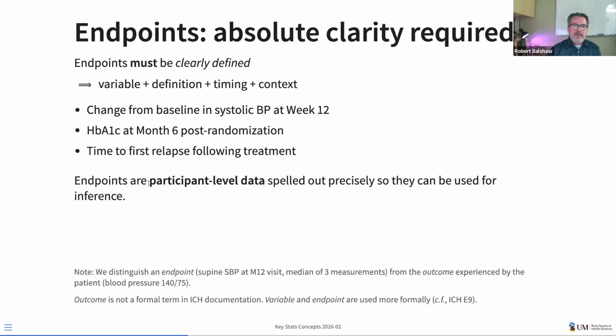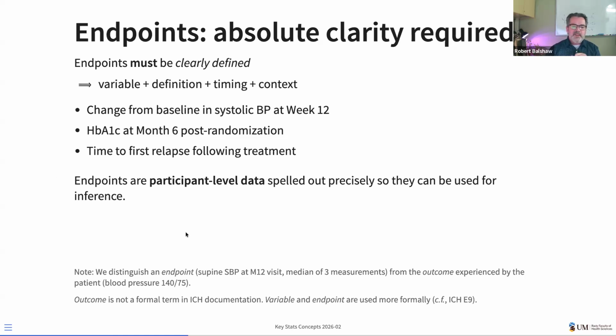a clear definition of an endpoint. Okay, and they're participant level data, and again, the word outcome sometimes bubbles up and becomes associated with the outcome of the trial as a success or failure, or the measured outcome, like the hazard ratio comparing the two treatment arms. I think that's one of the difficulties of the term outcome.